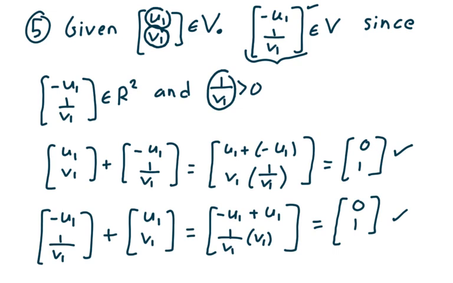And this is also equal to 0, 1. And so there's a negative. Given any vector in V, we can find the negative of that vector that is also in V.